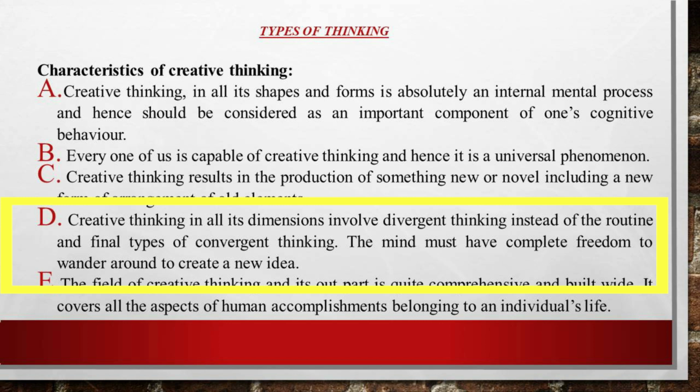The mind must have complete freedom to wander around to create a new idea. When we speak about creative thinking, the mind must have complete freedom. Why complete freedom? To wander around a new solution, a new idea, a novel idea, and an unusual idea. This is a characteristic of creative thinking.